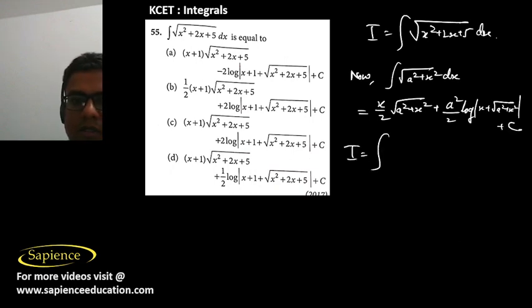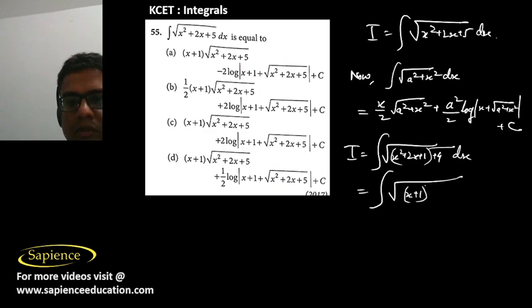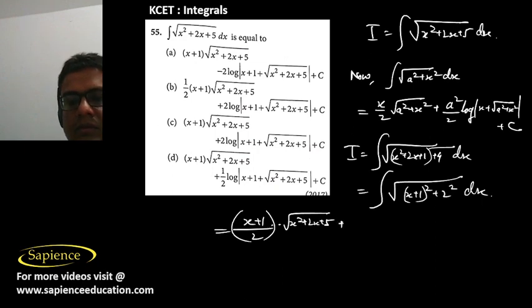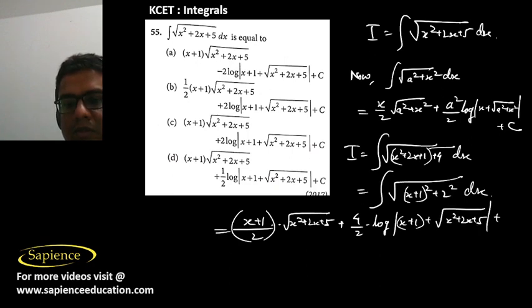So this integral I can write as square root of x square plus 2x plus 1 plus 4 dx. 4 is 2 square. This I can write as integral square root of (x plus 1) whole square plus 2 square into dx. This will be equal to (x plus 1) by 2 into square root of x square plus 2x plus 5, plus a square by 2, which is 4 by 2, log of mod x plus 1 plus square root of x square plus 2x plus 5, plus c.